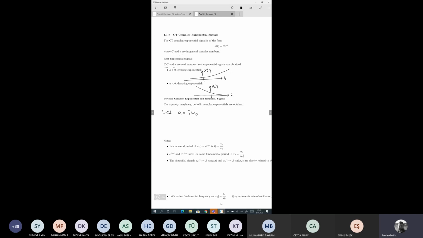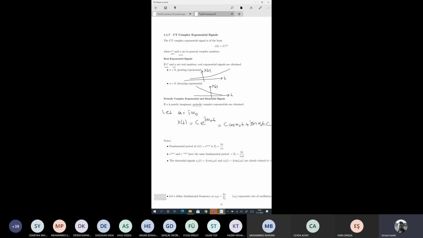Then x of t is simply c times e to the power j omega 0 t, and this gives me c times cosine omega 0 t plus j sine omega 0 t. So what's the meaning of this? It tells you that you have a sum of cosine and sine.